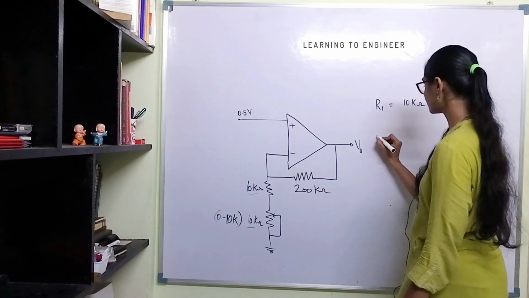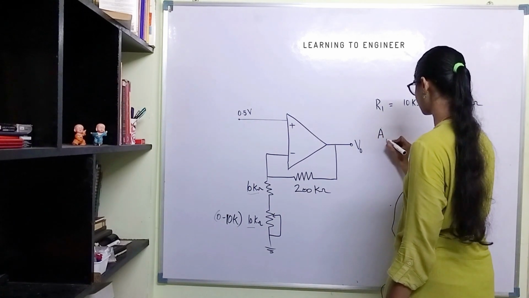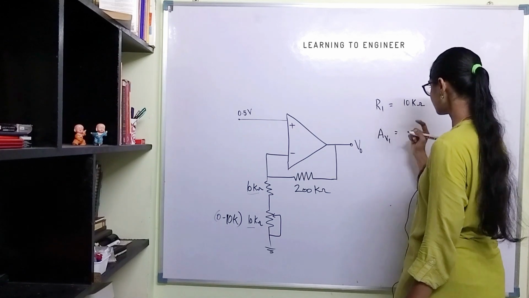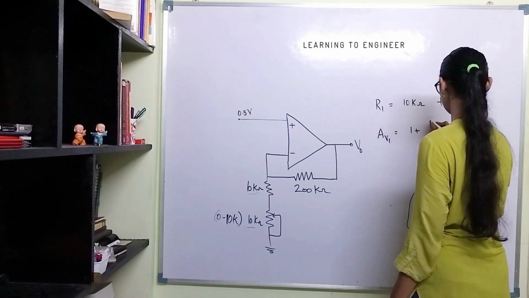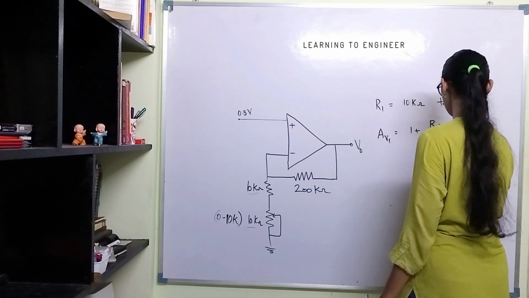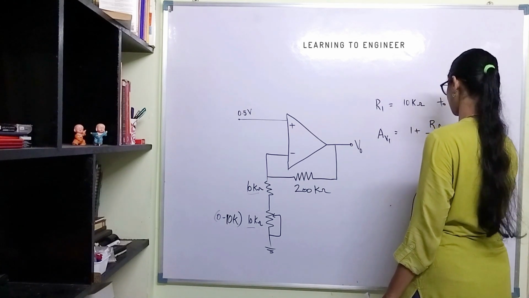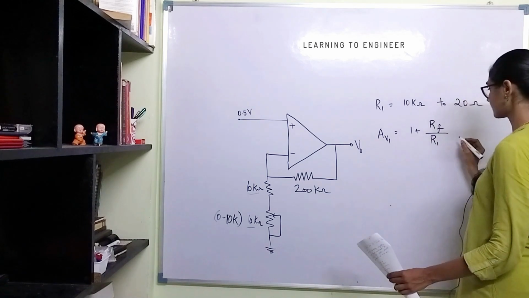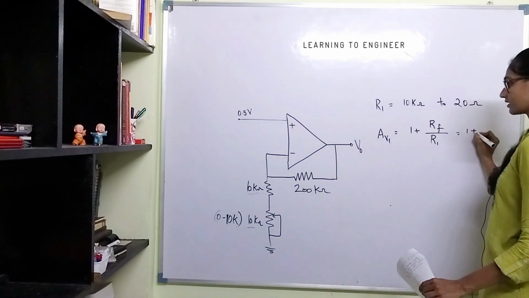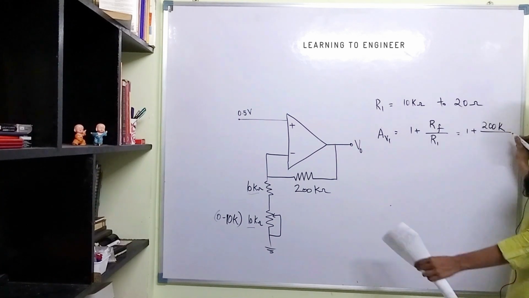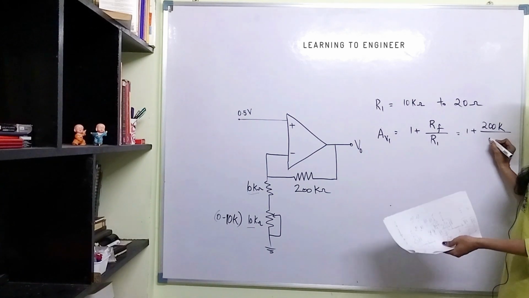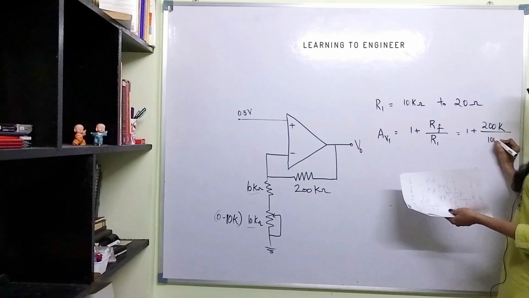Okay. So what is the gain? Let's say AV1, which is equal to 1 plus RF by R1, which is equal to 1 plus 200 kilo ohm divided by what is the value of the minimum resistance, 10 kilo ohm.